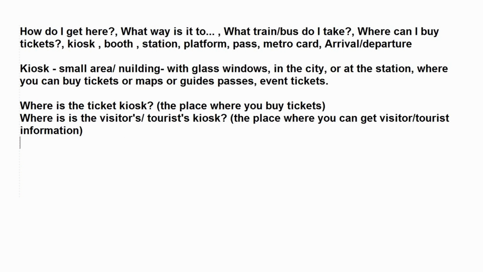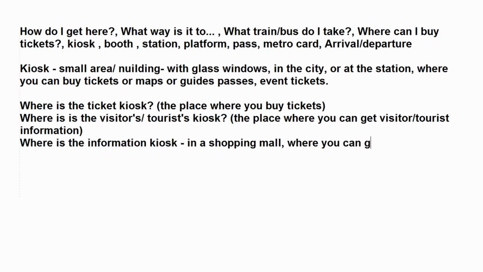You can even say, where is the information kiosk, for example, like in a shopping mall, where you can get a map for the mall. There are different types of kiosk, but in general, it's an area where you buy tickets or you get information.